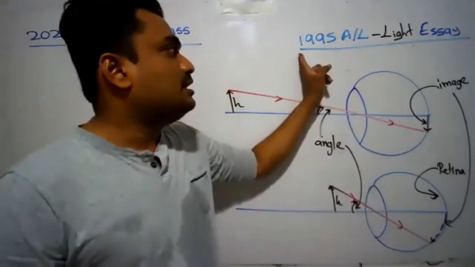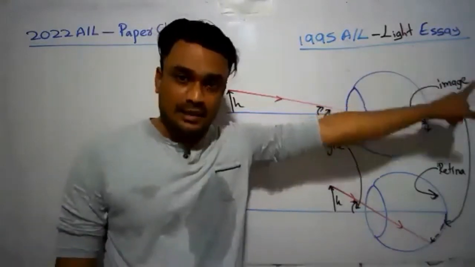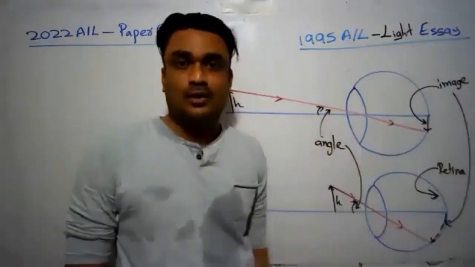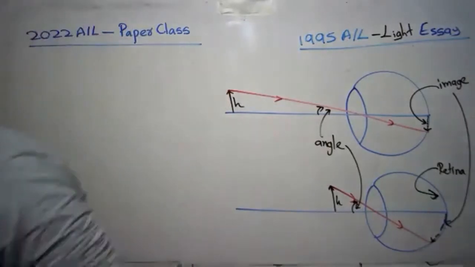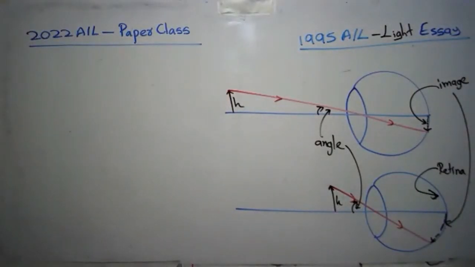So start the 1995 AL light essay question, draw these two figures quickly. Size completely depends on the angle subtended by the object on the eye.